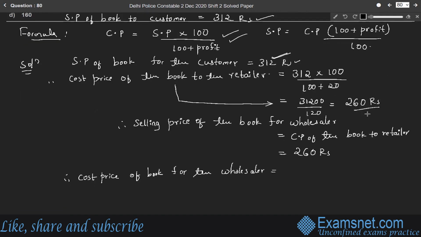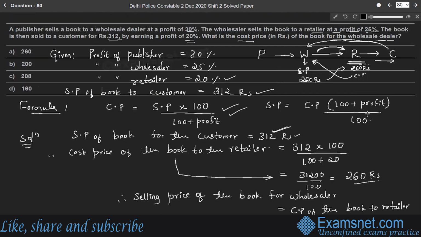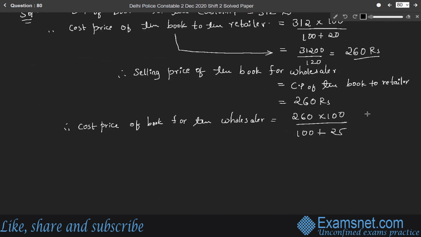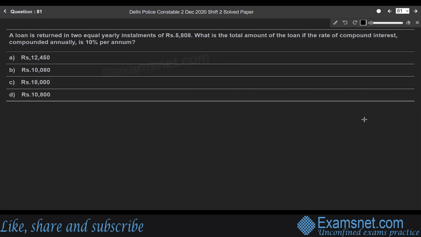Therefore cost price, use this formula again. Cost price is selling price into 100. Selling price is 260 into 100 divided by 100 plus profit. So here the wholesaler gains the profit of 25%, right? Therefore 100 plus 25, which is equal to 26,000 by 125. So you will get 208 rupees. Therefore, the cost price of the book for the wholesale dealer is 208 rupees. Hence option C.